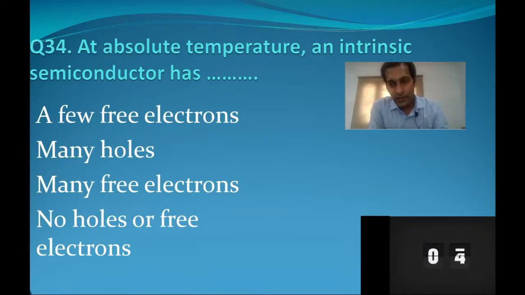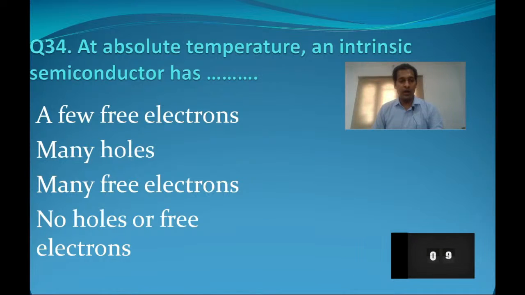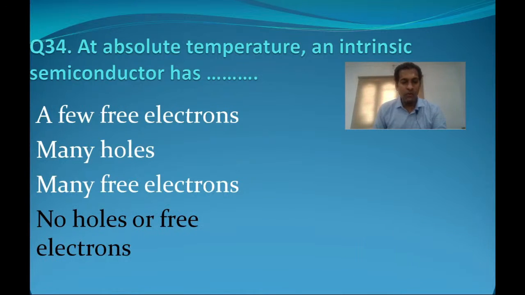It is intrinsic semiconductor, and when temperature changes the resistance changes. We have discussed this in the previous questions also, but this time we have intrinsic semiconductor, the pure one, where the number of electrons and holes are normally the same. So what will be the effect of the absolute temperature? Your time ends now. The answer is no holes or free electrons.